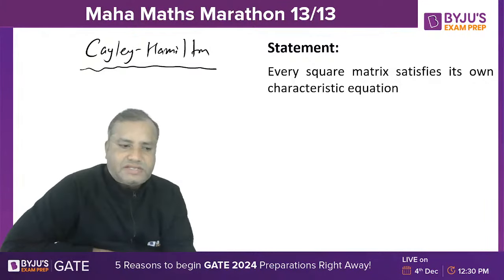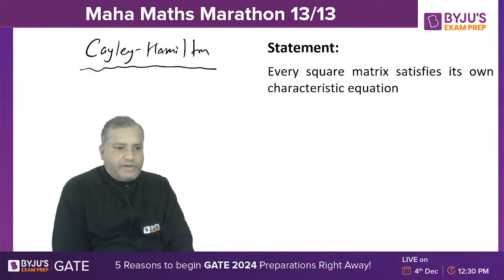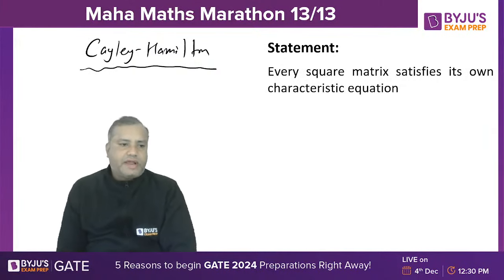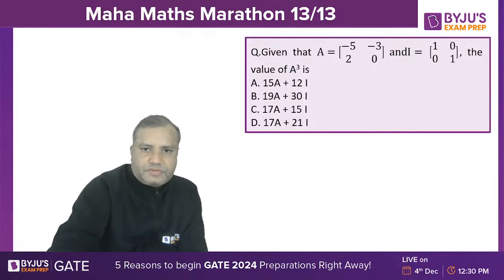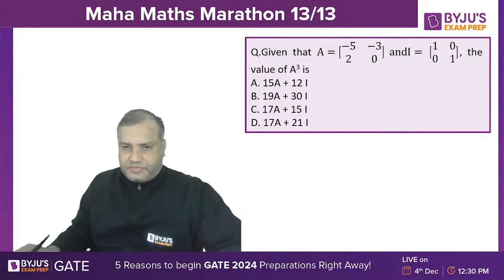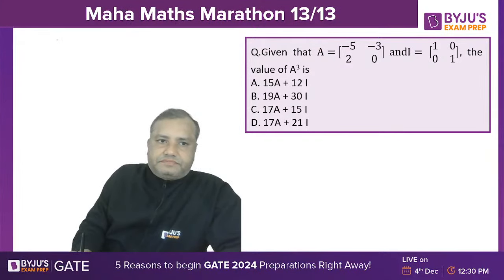Every square matrix will satisfy its own characteristic equation. See here. This is the matrix A.